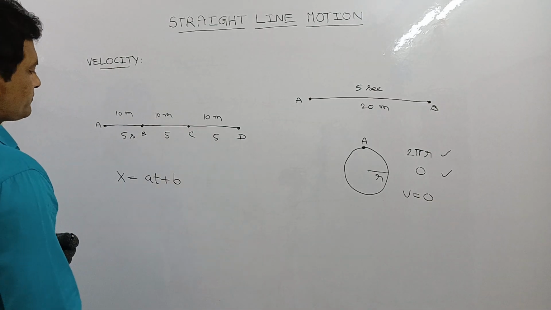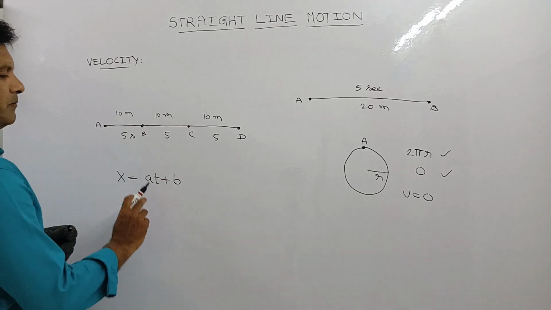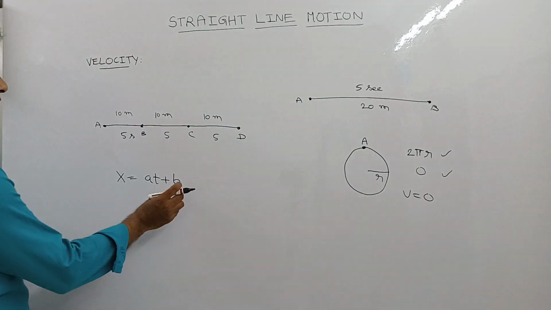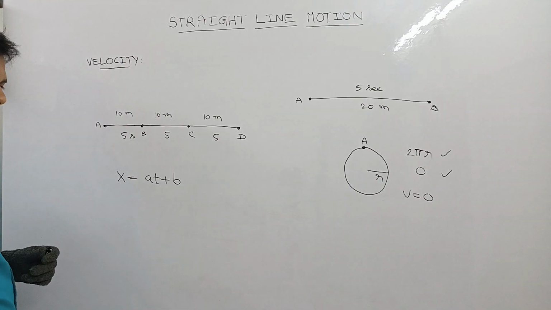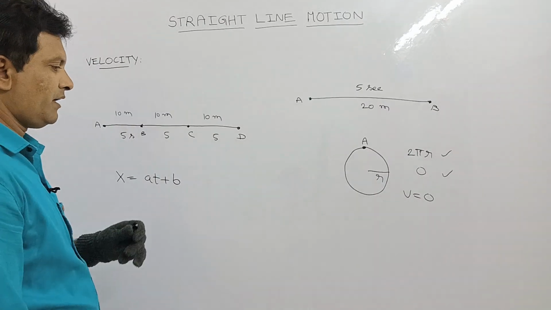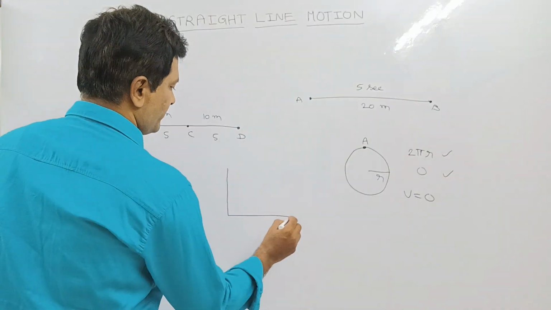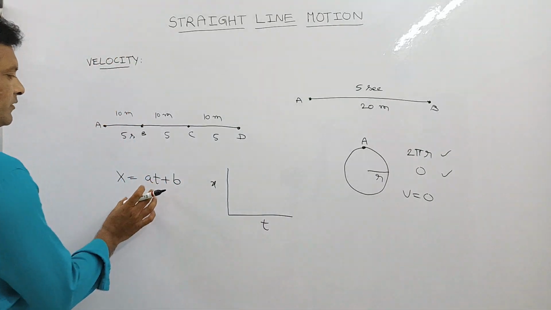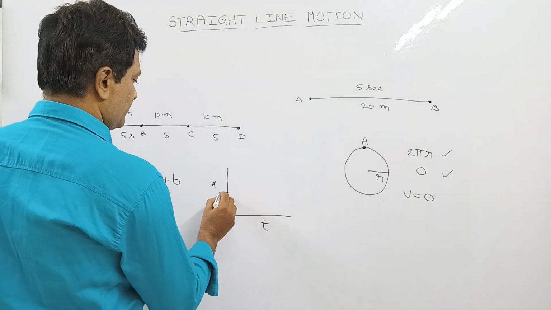If the object has some initial displacement at time t equal to 0, the position-time graph of this equation of motion can be shown here.